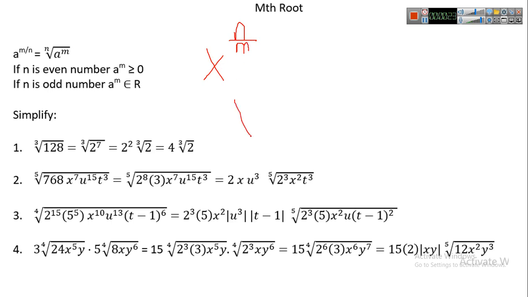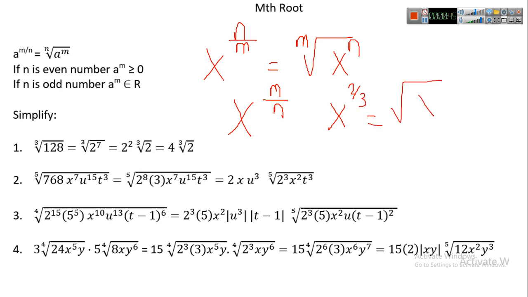If you put m over n, it's called the nth root. Why? This is written as the nth root of x with the numerator inside, m. For example, if you want to do x power 2 over 3, it will be the cubic root of x squared, because the denominator here is a 3.